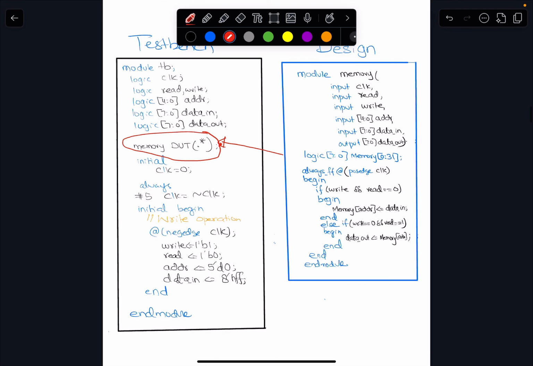So you generate a clock, and then you set up your stimulus to have a write operation at positive clock. So write is equal to 1, read is equal to 0, and then put the address and data you want to write. So this is how you test your memory, and you have been doing this for a while.